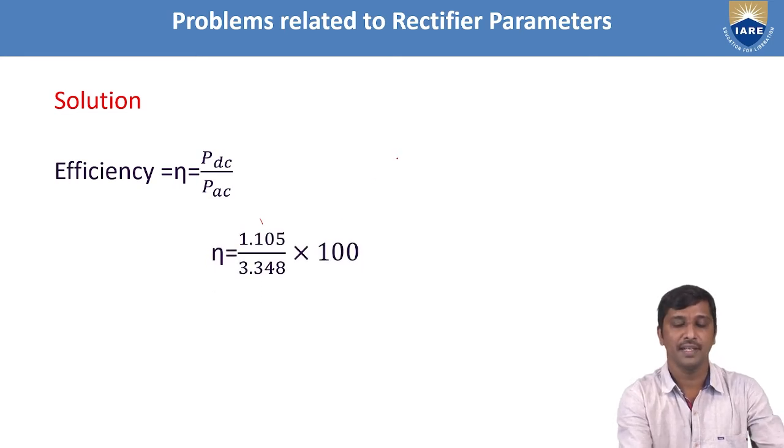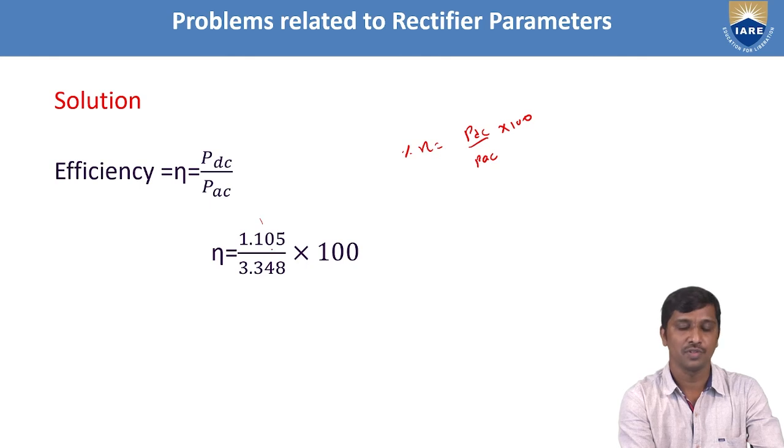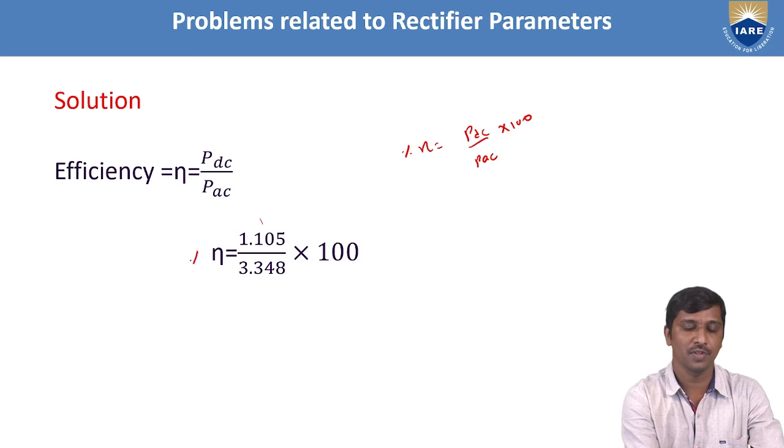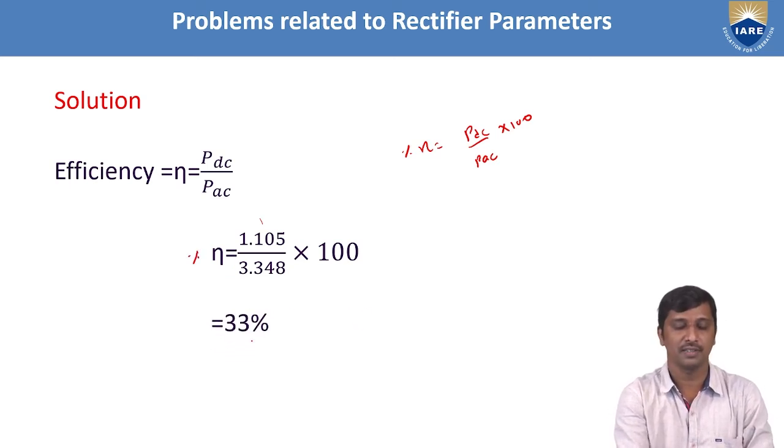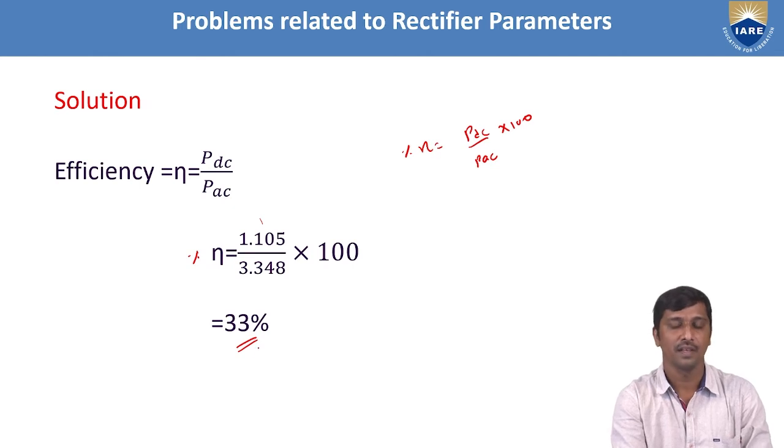If you want the percentage, you write the DC power to the AC input power, multiplied by 100. The DC output power is 1.105 watts and the AC input power is 3.348 watts, multiplied by 100 to get the percentage. This value gives 33%.